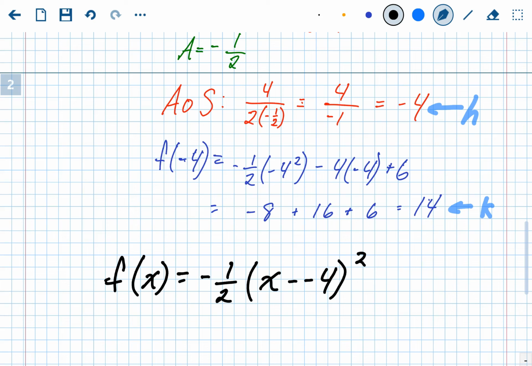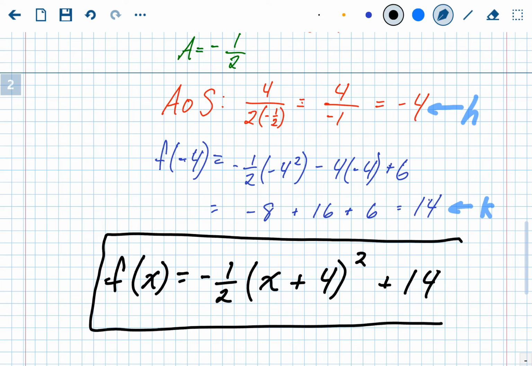But again, instead of writing minus and negative, we'll just write plus. And then plus k, 14 is k, so plus 14. All right, so that is standard form to vertex form.